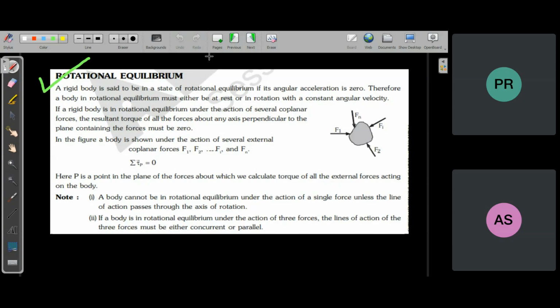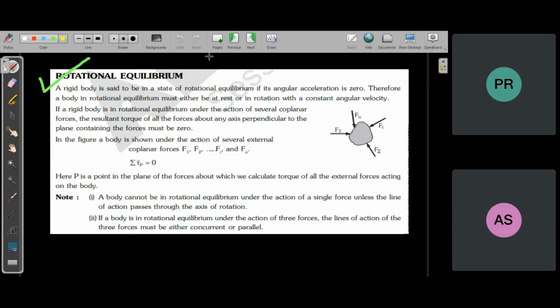So if a body is not rotating, meaning its net torque is zero, then it should be zero about all the points.